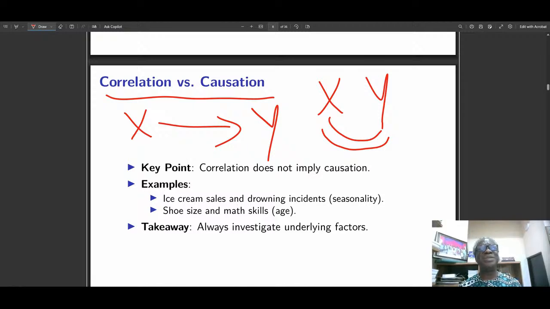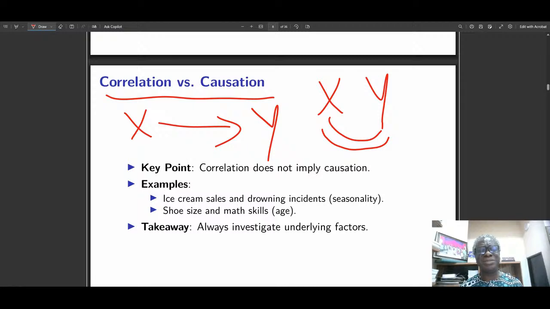So there may be that kind of superficial relationship, which doesn't show that one is causing the other.